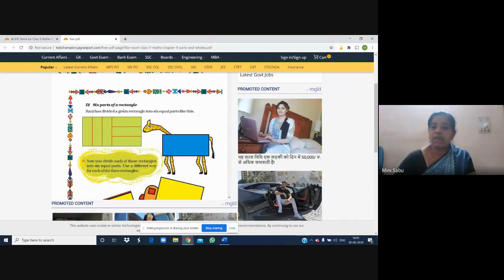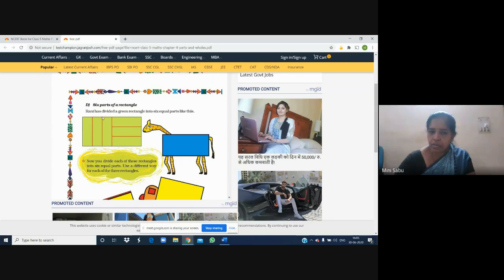6 parts of a rectangle. Rani has divided a green rectangle into 6 parts like this. See this one, this green rectangle. First, she has drawn this line. Okay, then the rectangle is divided into 1, 2 equal parts.